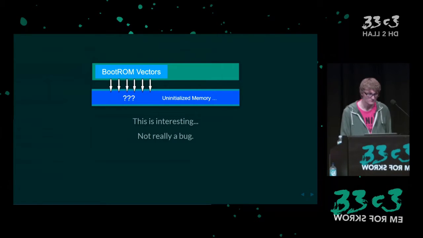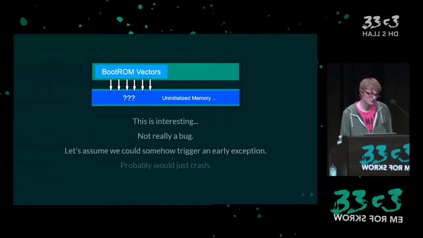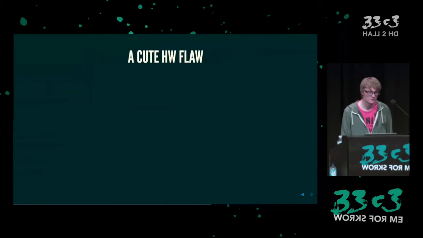But let's cheat a little and assume we could somehow trigger a really early exception, even before the boot ROM is able to initialize the RAM vectors. Probably it would just crash, because on an exception it would jump to uninitialized memory, and there's probably no valid instruction there.